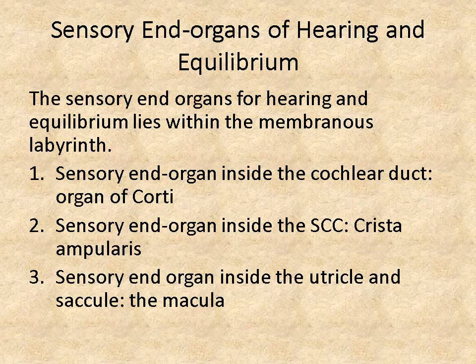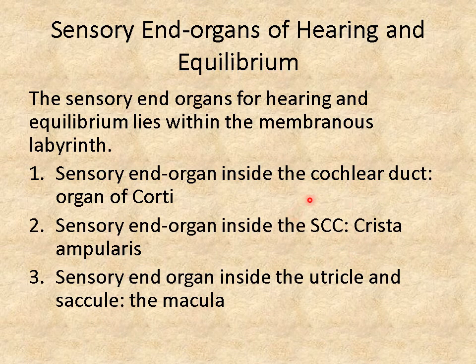What are the sensory end organs of hearing and equilibrium? The sensory end organ of hearing lies inside the cochlear duct. As we mentioned earlier in the last slide, it's called the organ of Corti, whereas the sensory end organs of equilibrium lie inside the semicircular canals and the utricle and saccule, the vestibular apparatus.